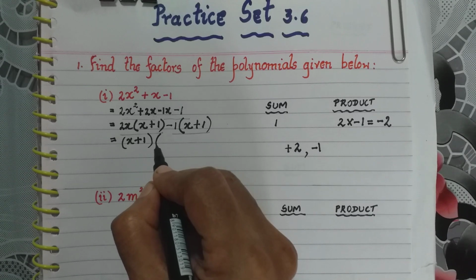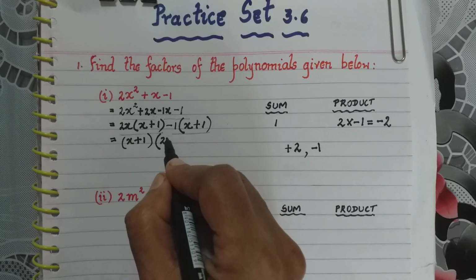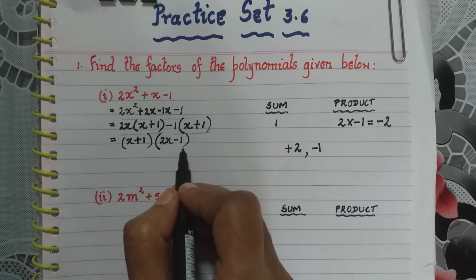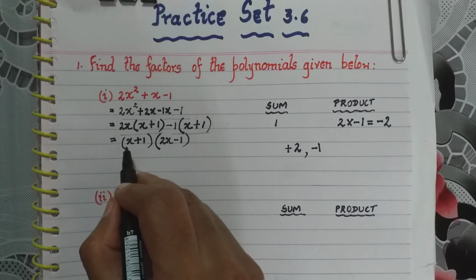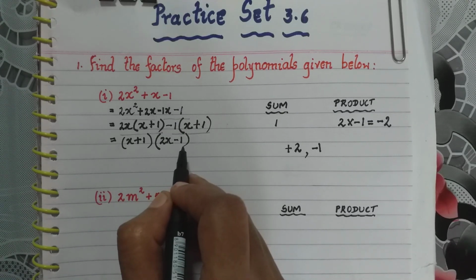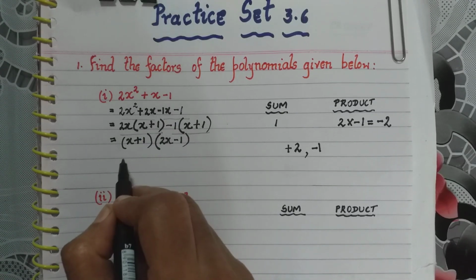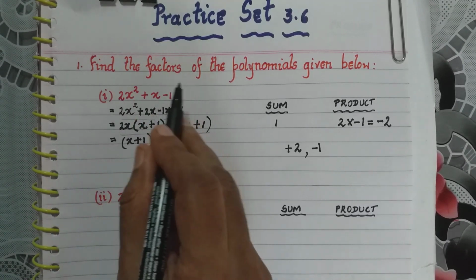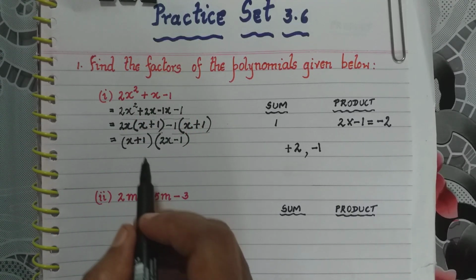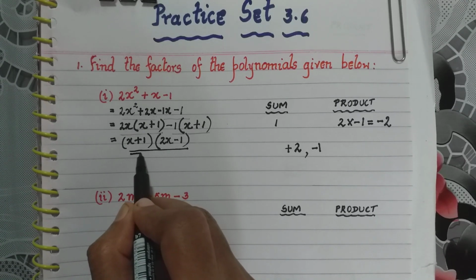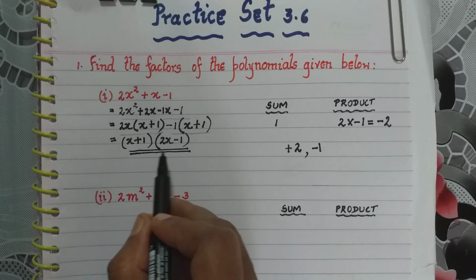So I write the next bracket 2x minus 1. So you see here now there are two factors, x plus 1 and 2x minus 1. So these two are the factors of 2x square plus x minus 1. That is x plus 1 into 2x minus 1.